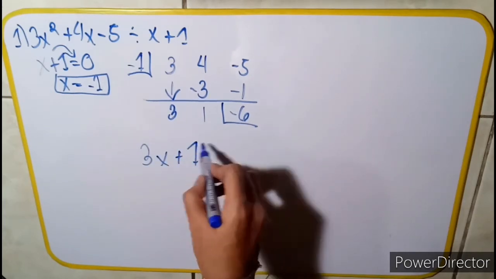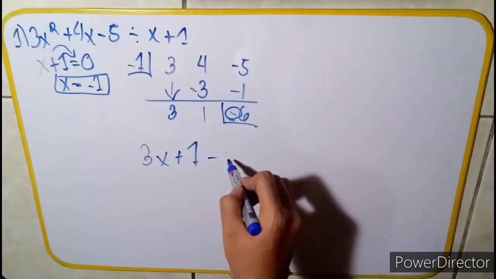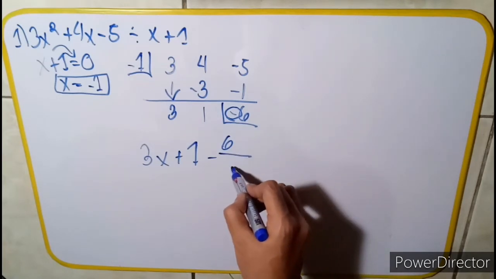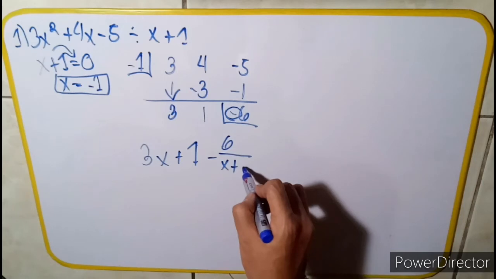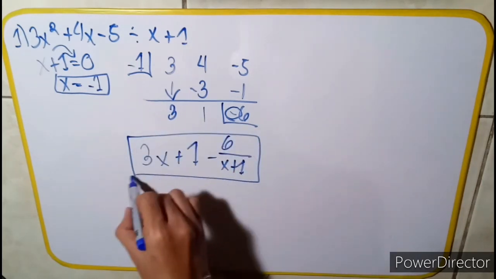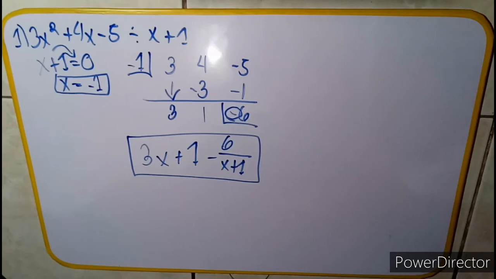This can be written as 3x plus 1 and negative, because our remainder is negative, 6 over x plus 1. And this is our final answer. As we can see, the answers are just the same, but we did it using different methods.